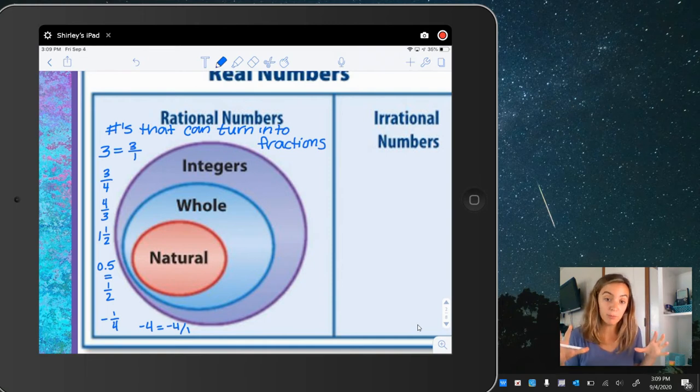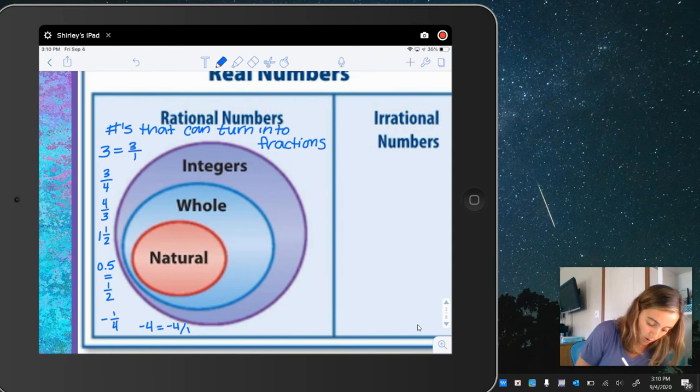Then I'm going to take that group, make it a little bit smaller. So I have my set of rational numbers. If I condense it a little bit, I have my set of integers. Integers are just positive and negative numbers. So once I get into the integer world, I'm ignoring and eliminating all of the fractions and decimals.